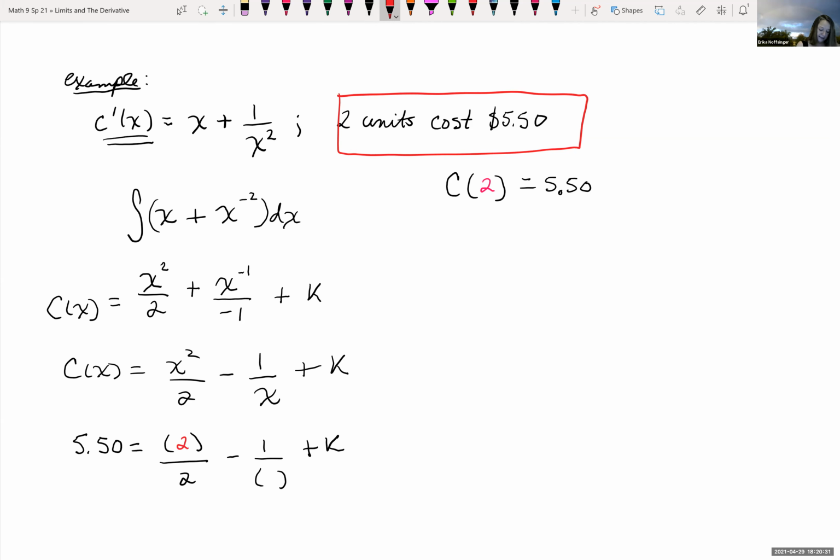So we get 5.50 equals 2 squared over 2 minus 1 over 2 plus k. So 5.50 is equal to 2 squared is 4, 4 divided by 2 is 2, minus 1/2.